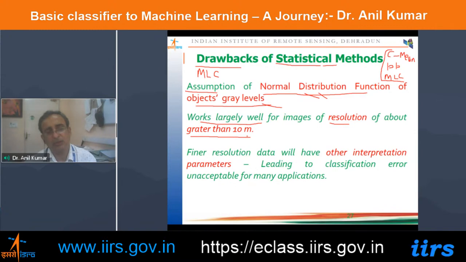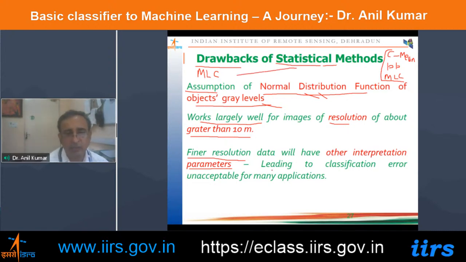For finer resolution data, nowadays you have 1 meter pixel size images, or less than a meter, 0.5, 0.4, 0.3 pixel size images are available. That is very fine or very high resolution image data. How to process them will need other interpretation parameters. So these images cannot be classified with these basic statistical classifiers which use only color.